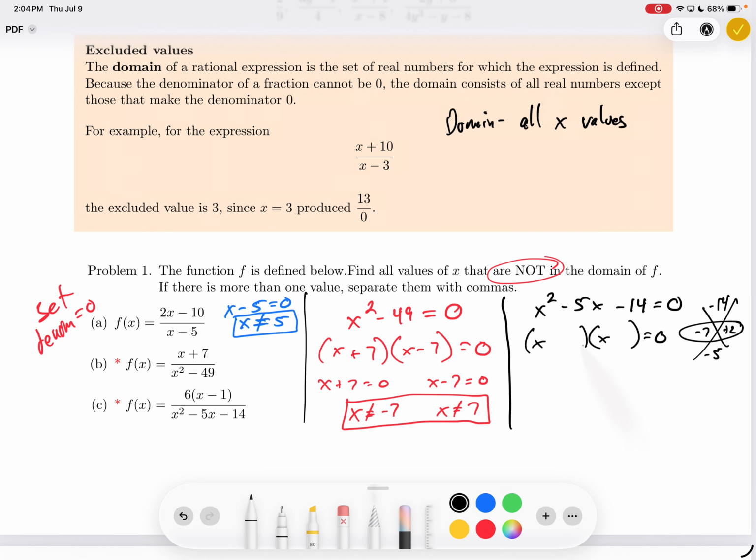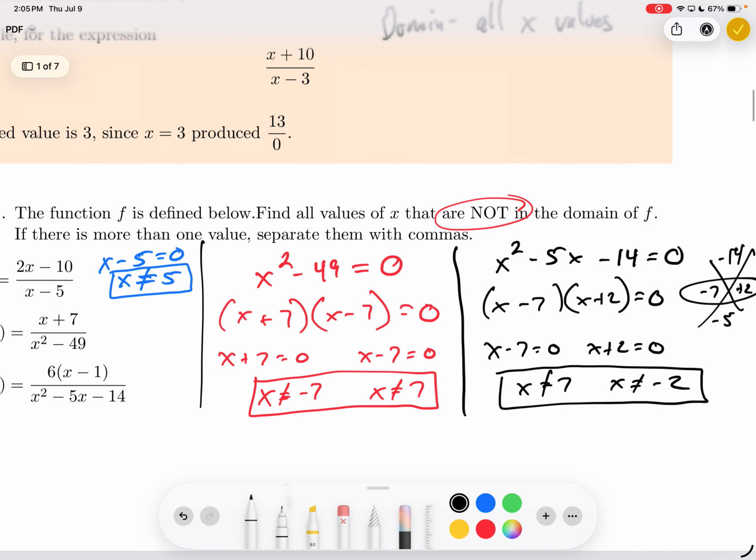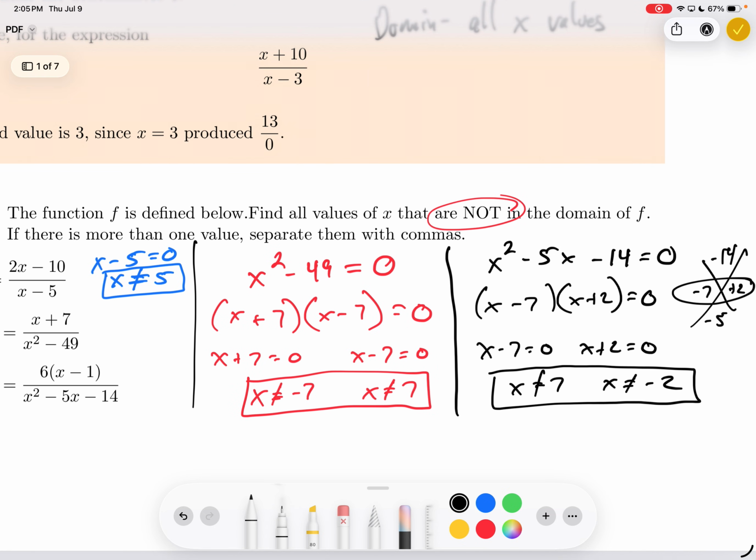So x times x is x squared. Negative 7 times 2 is negative 14. Negative 7 plus 2 would be negative 5. And then you set both of those equal to 0. And you add 7 and subtract 2. Again, those are the two numbers that x can't be. Because if I plug those in, I'd get a 0 in the denominator, and you cannot divide by 0.